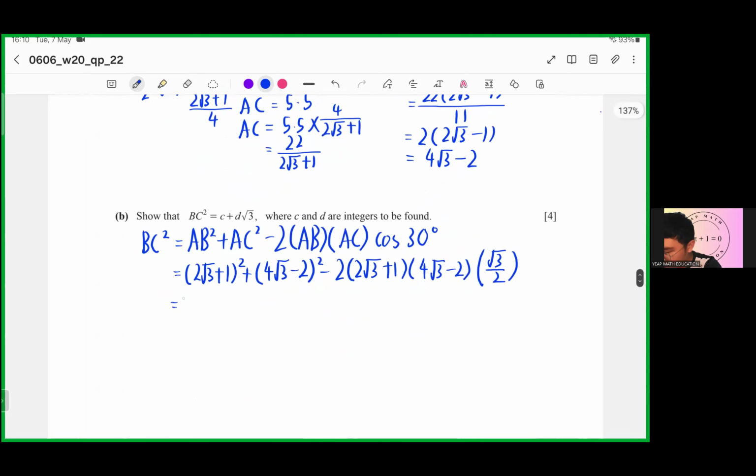Now we can write 12 plus 1 plus 4 root 3, and then plus 48 minus 16 root 3 plus 4, and then minus a lot of parts.